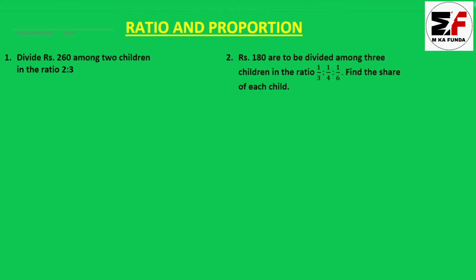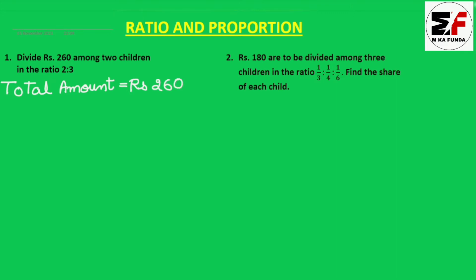divide. As I have told you in the previous video, ratio means fraction. To divide rupees 260 in the ratio 2:3. So in the beginning we will write the total amount. So the total amount is rupees 260.